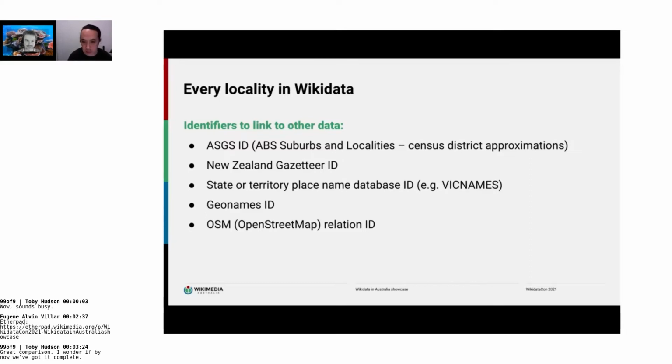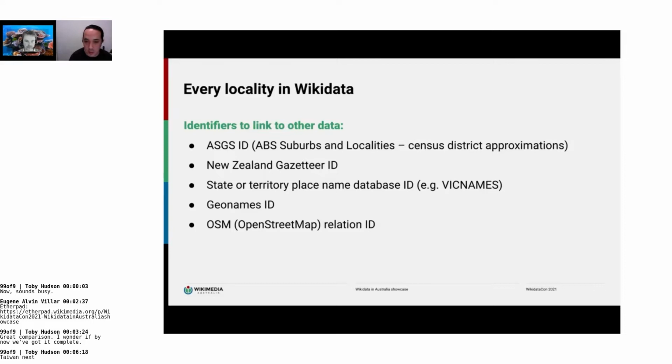And there's also a couple of talks coming up about OpenStreetMap in the Asia Pacific region, in the Philippines, and I think one on rivers, which is coming up next. So if you're interested in the connections between OpenStreetMap and Wikidata, please feel free to join those talks or see the recordings.